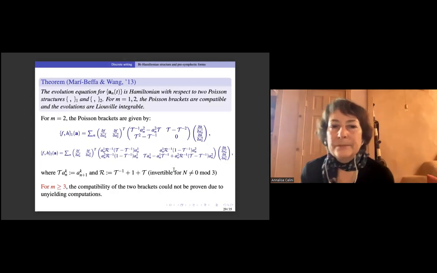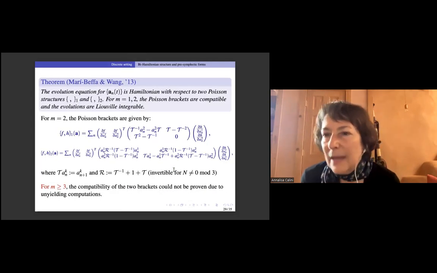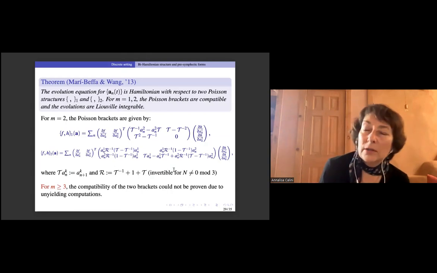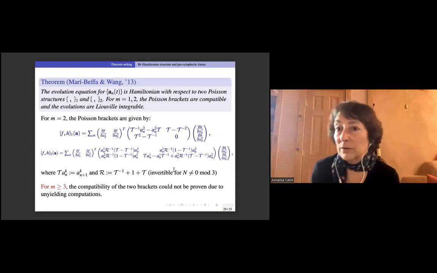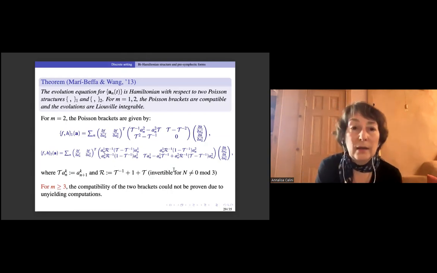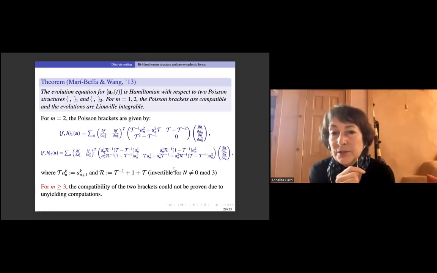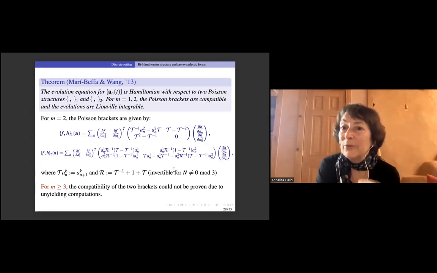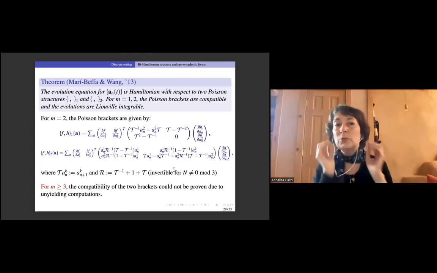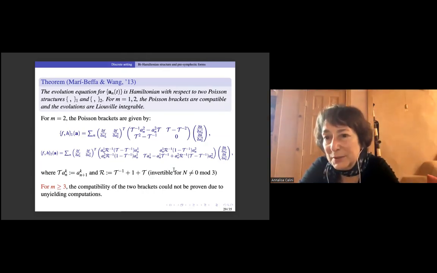Now, using the same kind of reduction idea on a quotient of the loop algebra by a normal loop subgroup, Gloria and Jing Ping showed that the ODEs for the curvature are Hamiltonian with respect to two Poisson structures.